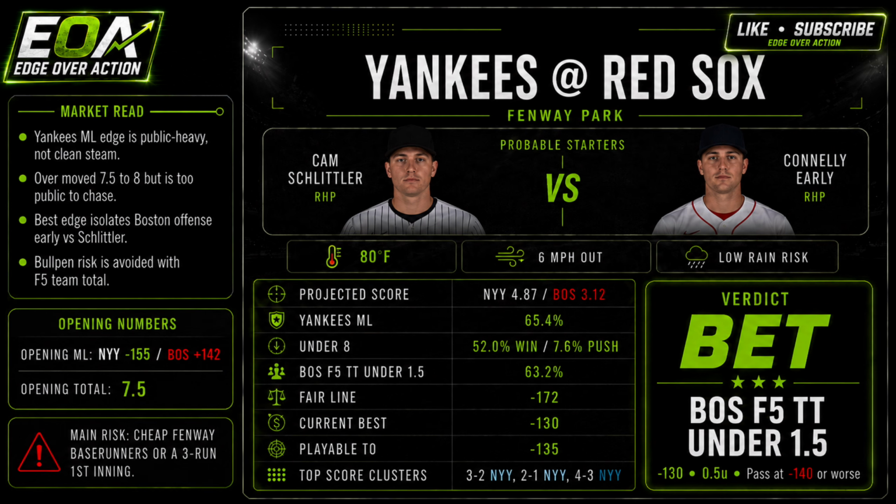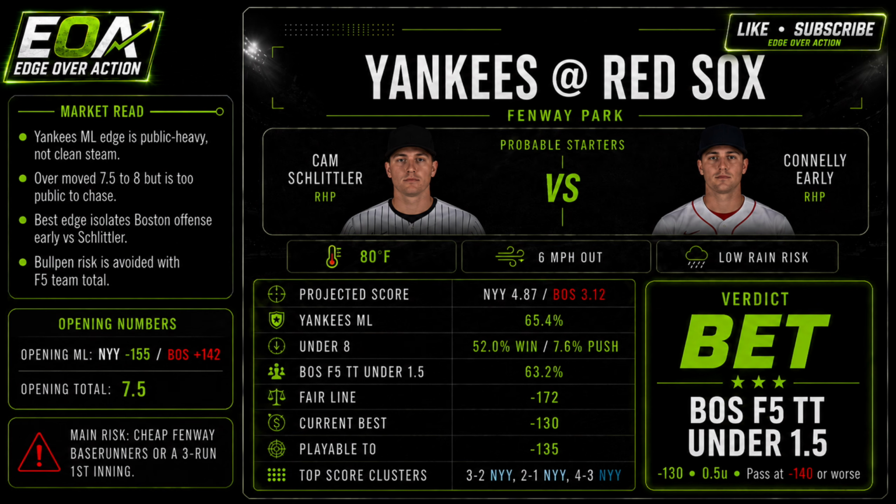If Schlittler is 15% worse than projected, the under drops to around 59%, which still clears the minus 130 break even. The disaster scenario is obvious. Boston gets a cheap Fenway base runner, then a 2-run shot.